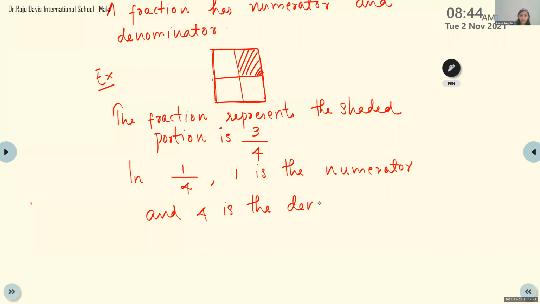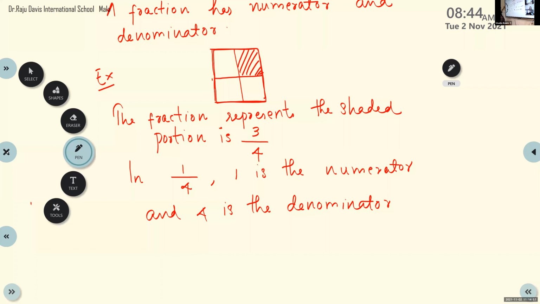Ma'am, is the word after fraction "represents" or "represent"? The shaded portion is 1/4, right? Here also. Start writing.